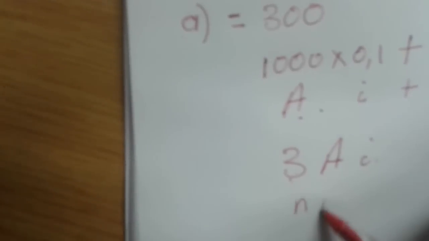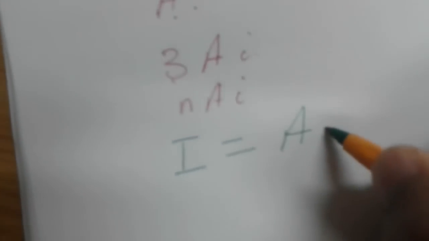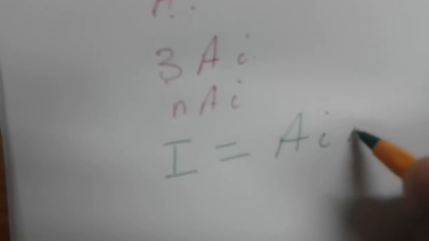So instead of saying 3 here, we rather say n. Right? But normally, just to make it presentable, we can rewrite our formula as interest, which is the simple interest, is equal to A times i times n. So there you go. There is your formula for simple interest. A times i times n.